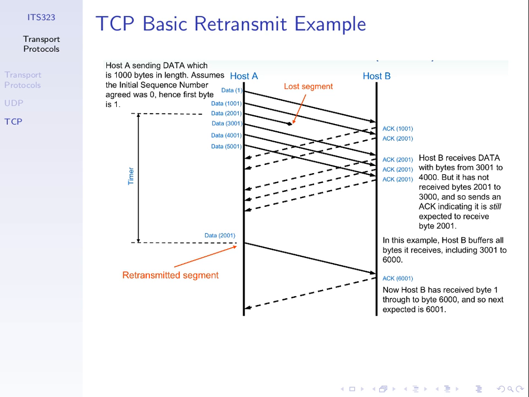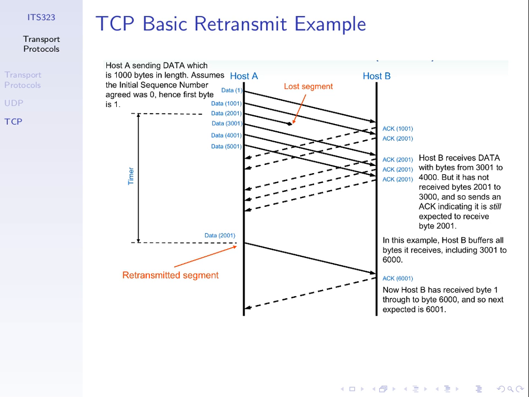To make it clearer, I've shown it to the left of the host A vertical line. So a data segment with sequence number 1, a data segment with sequence number 1001, and so on. And assume that every time we send a data segment, after we've transmitted, we start a timer.